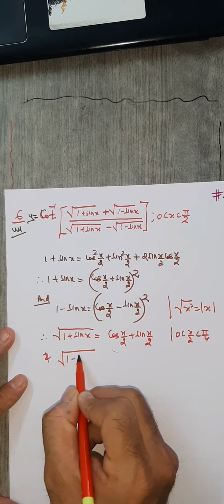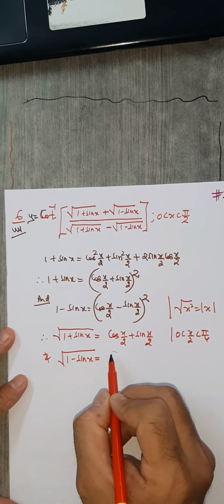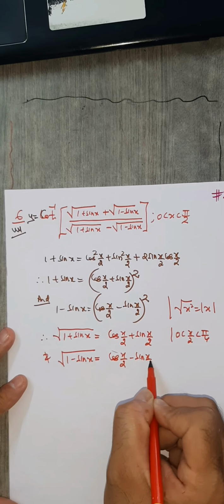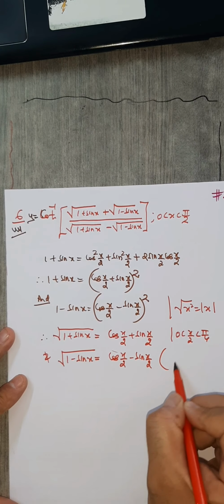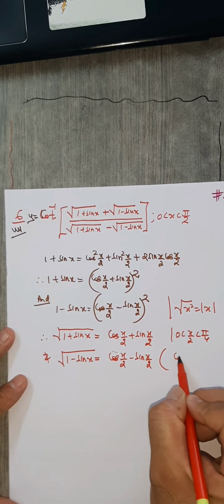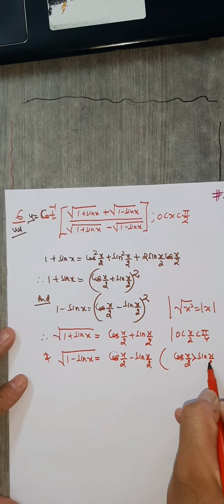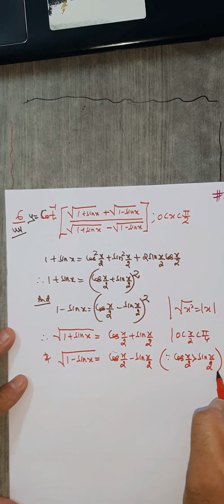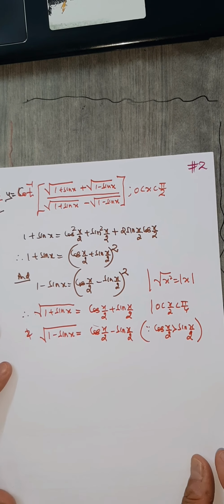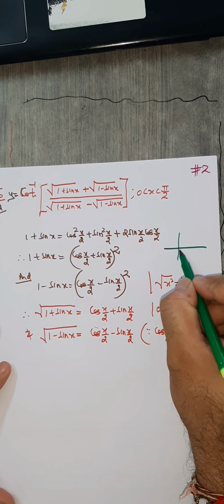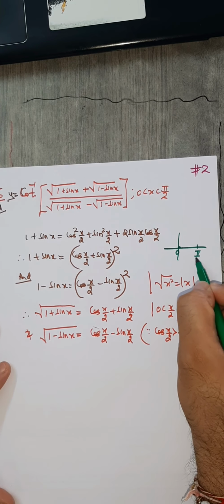And root of 1 minus sine x would again be cos x by 2 minus sine x by 2. Why? Because in 0 to pi by 4, cos x is always greater than sine x, remember. You just look at a graph, you will realize. If I see the graph, 0, this is pi by 2.